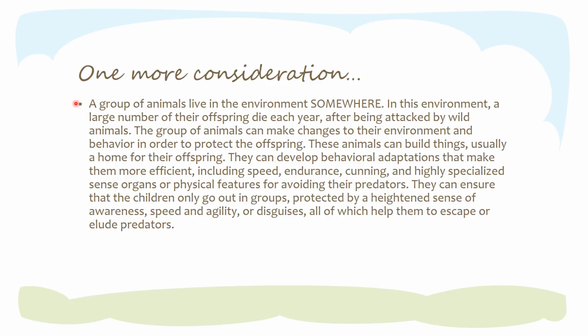They can develop behavioral adaptations that make them more efficient, including speed, endurance, cunning, and highly specialized sense organs, or physical features for avoiding their predators. They can ensure that the children only go out in groups, protected by a heightened sense of awareness, speed, and agility, or disguises, all of which help them to escape or elude predators.